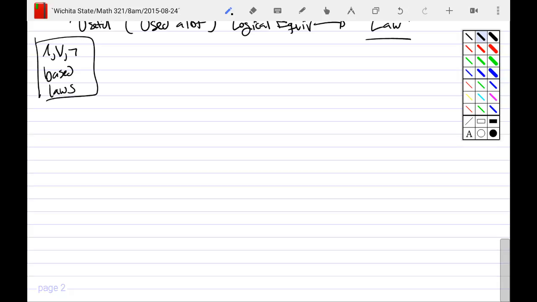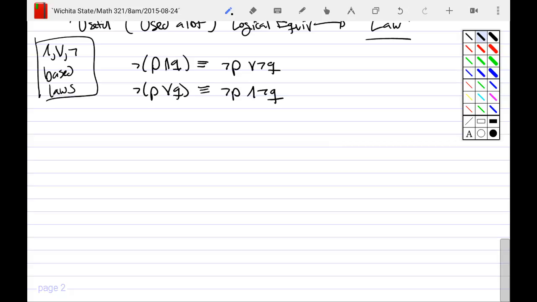Yep. Should it be considered a law, an exclusive or, in the notation of ors and nots? Because it's just like a definition, like we've rewritten. Well, when we do things like laws, like what we just did, right? P and Q is logically the same thing as not P or not Q. We also can show that not P or Q is logically the same as not P and not Q. And you can show both of these by tables.